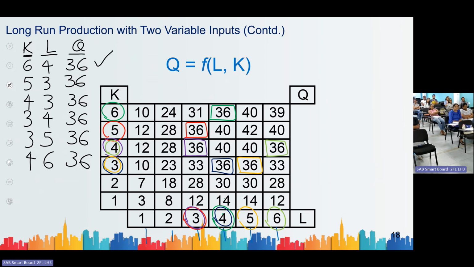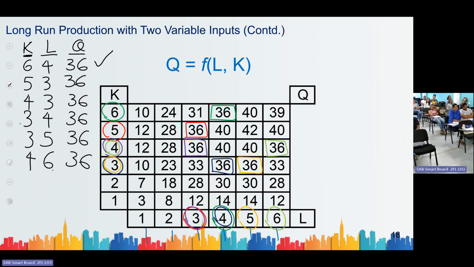At the same time, they can produce 36 units of output by combining 3 units of K and 4 units of L. Or else, they can produce 36 units by combining 4 units of K and 6 units of L. Likewise, these are alternative combinations of labor and capital which derive the same level of output.